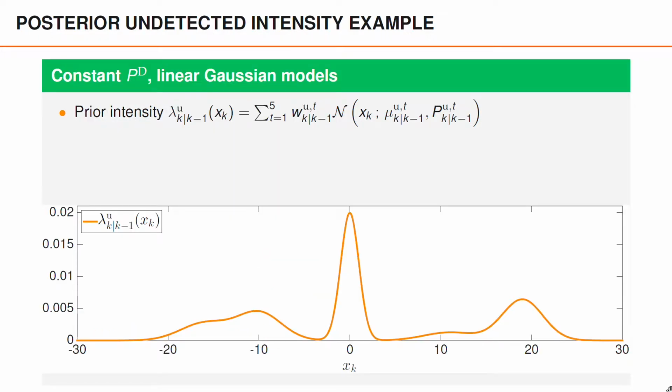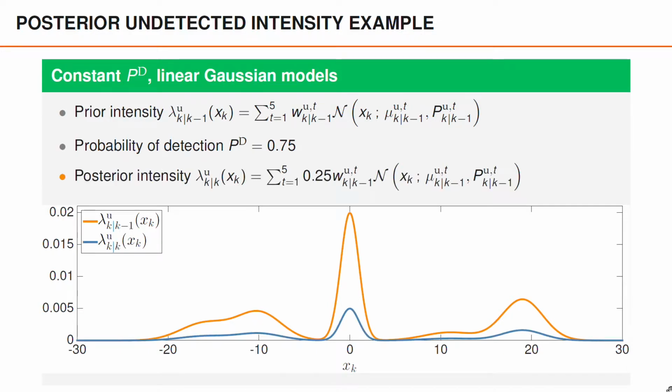Here we have an example prior undetected intensity with 5 Gaussian components. In this example, the probability of detection is constant 0.75, and this gives us the posterior intensity shown here. We can see in the figure that for all values of the state x, the posterior intensity is lower than the prior intensity.